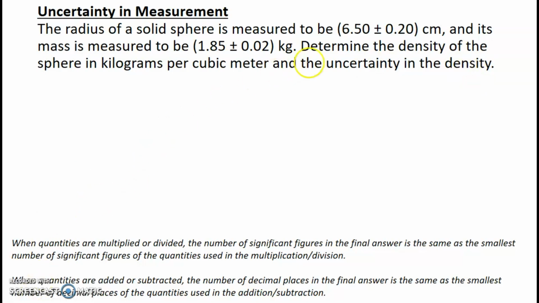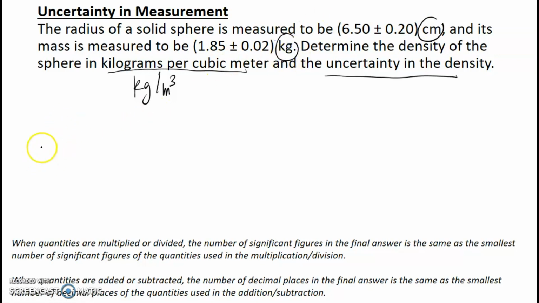The question requires us to calculate the density, and the unit must be in kilograms per cubic meter, and also to find the uncertainty in the density. If we take a look at the radius given, the unit is in cm and for the mass it is in kilogram.